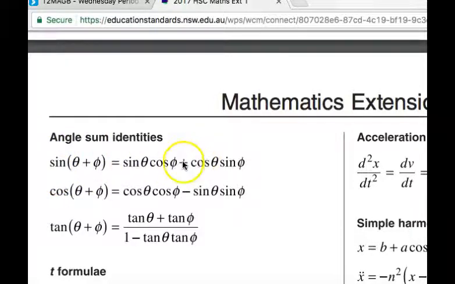Sine, keep the sign the same: sine cos plus cos sine. The cos one is cos cos minus sine sine. And for the tan one, the plus has the plus on the numerator and the minus on the denominator. So you get the basic formulas for sums, but not the differences.